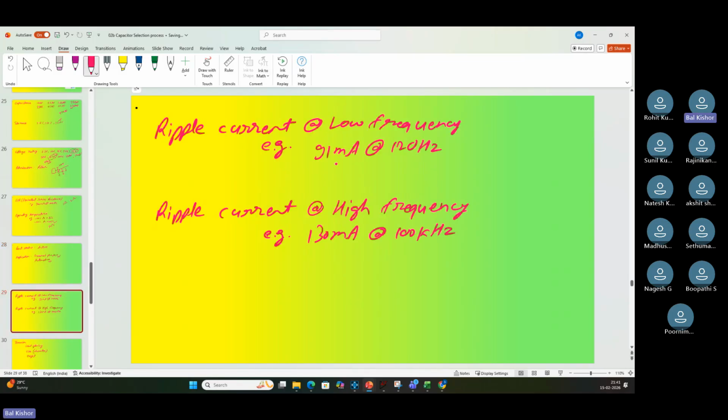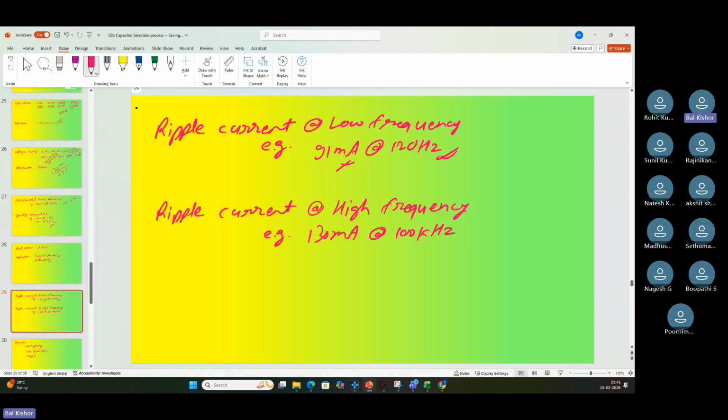Ripple current, they can withstand very high ripple current. That's the beauty of electrolytic capacitors. A ceramic capacitor will not be able to withstand very high ripple currents, but these guys have the capability. And it is actually measured in the form of frequencies, like 91 milliampere for 120 hertz. This is just a specific value I'm giving you.